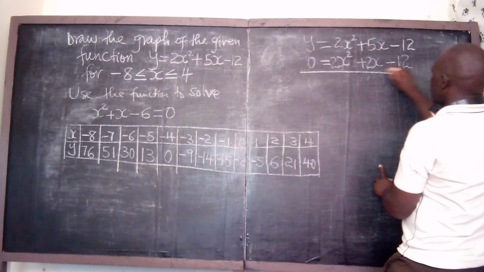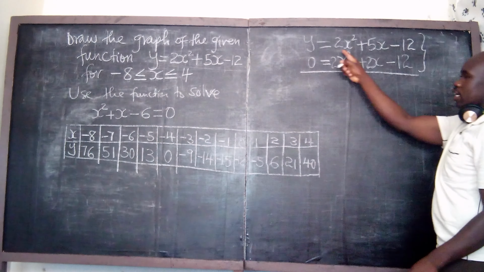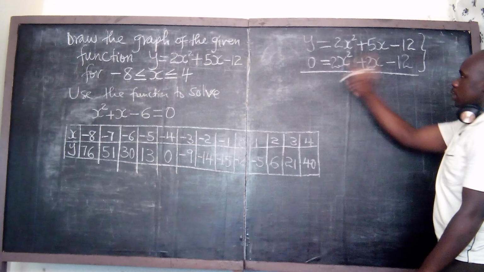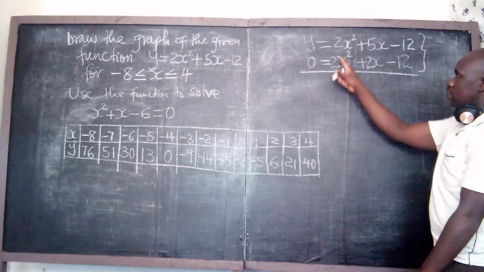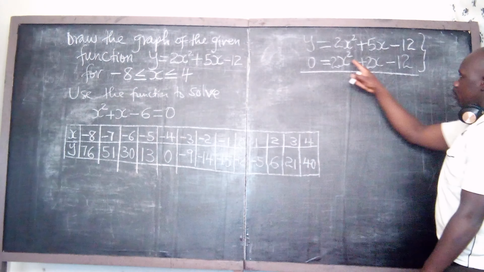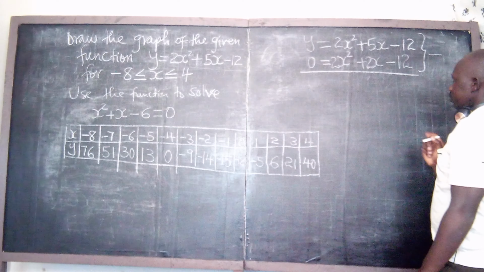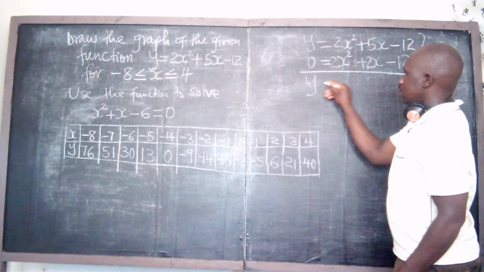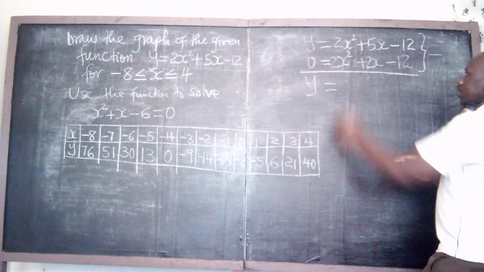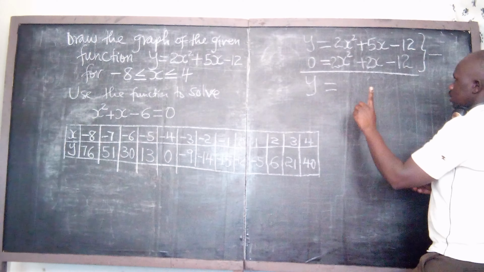Now, since I want to eliminate x squared, I can subtract. I have made the coefficient of x squared the same, and that makes it easier now to eliminate. So we subtract the two equations. So y minus 0 gives y is equal to, then 2x squared minus 2x squared is 0.